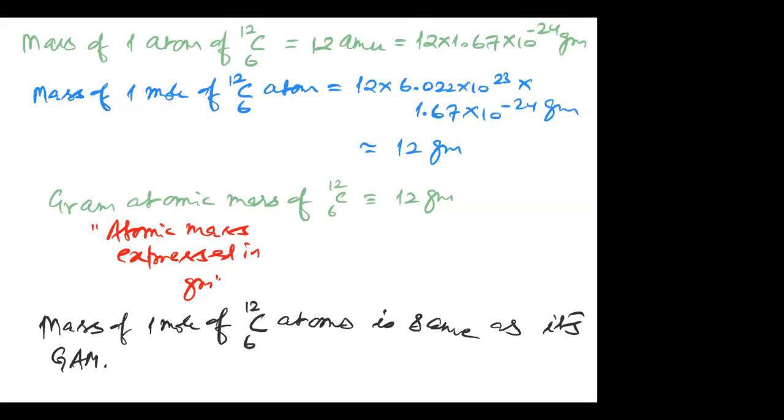So there are a few points you can remember related to atomic mass, molecular mass, and calculations of number of moles. The first point is the same thing we have just seen, gram atomic mass.